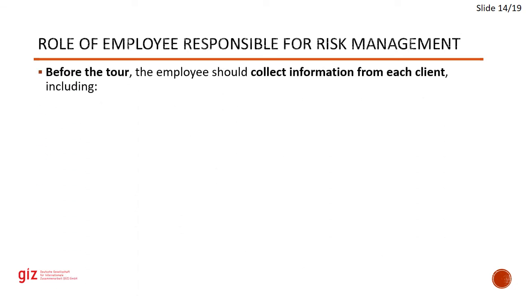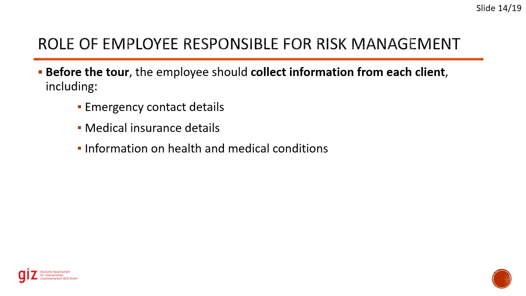Before the tour, the employee should collect information from each client, including emergency contact details, so the contact details of a family member or spouse, for example. Medical insurance details of the client, as well as information on health and medical conditions. All of these details can be very important in cases of serious emergencies.